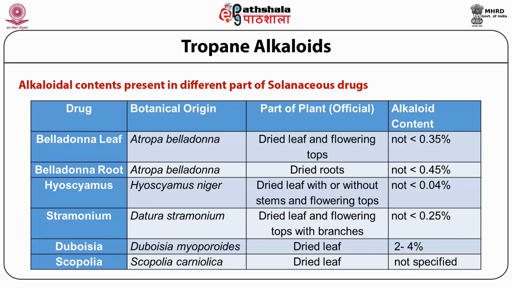Hyoscyamus, which consists of dried leaves with or without flowering tops, also contains alkaloidal content in the range of 0.04%. Duboisia, which is actually Duboisia myoporoides, the dried leaves, contain about 2 to 4% of alkaloidal content. So this provides the major source of the solanaceous APIs, the tropine alkaloids, which are used as APIs.